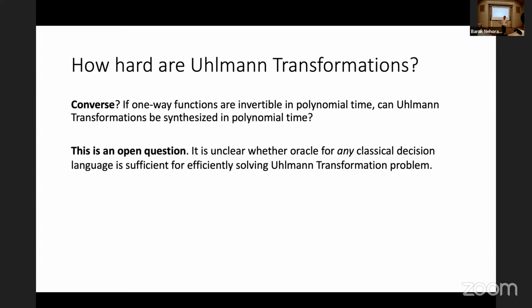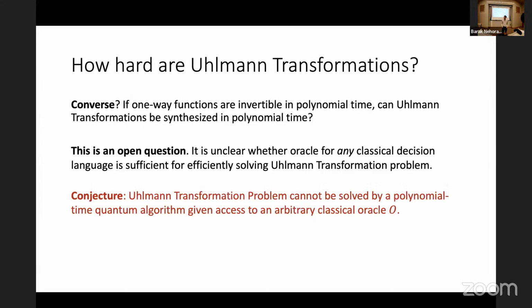Could you use this to solve the unitary synthesis problem? It's actually not clear. And the conjecture, or at least I conjecture, is that it's not possible. So for any classical oracle O, you cannot use it to solve the Uhlmann transformation problem with a quantum computer in polynomial time.